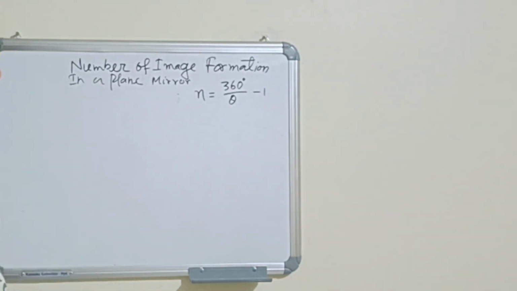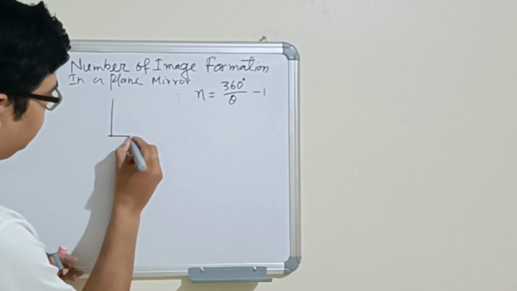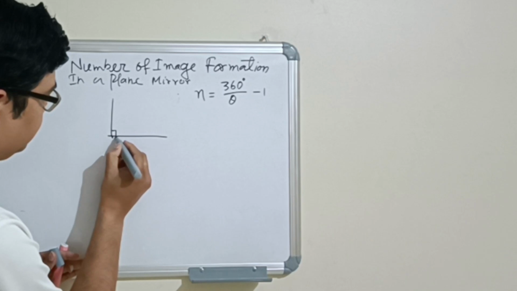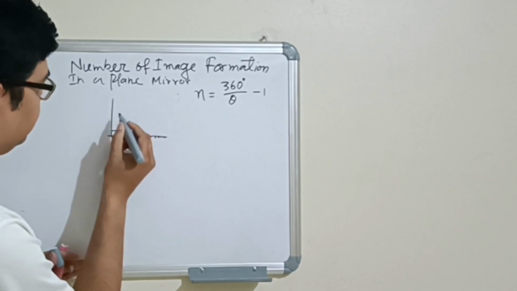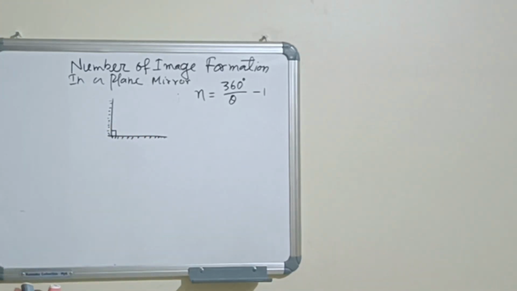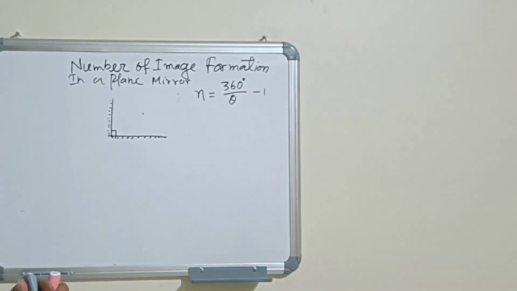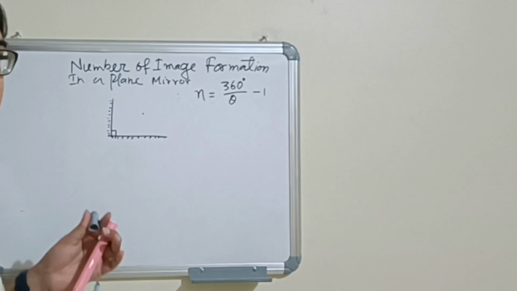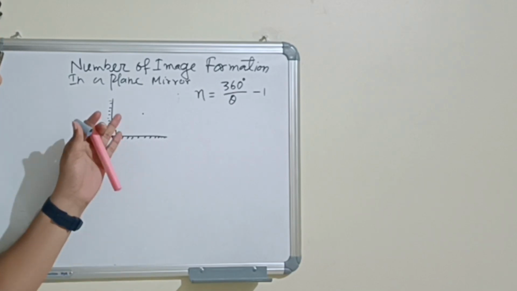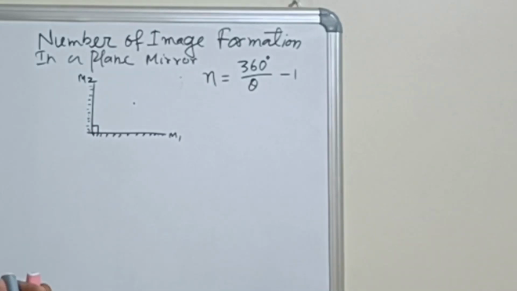Let us try to explain the geometrical concept when two plane mirrors are placed at 90 degree. These are the two plane mirrors placed at 90 degree. Let's say an object is placed here, and let us draw a couple of rays from the object, which will be reflecting from the two mirror surfaces, M1 and M2.